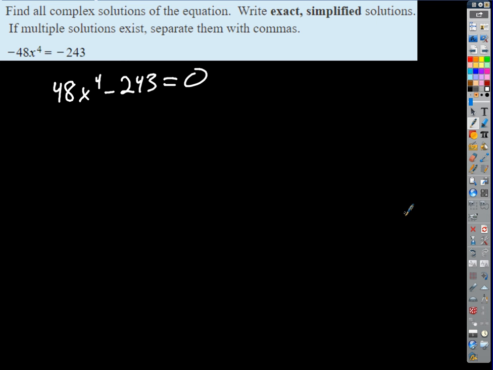Six doesn't go into 243. Even numbers only divide into even numbers, don't they? But there is a number that goes into both of those. 3. Yeah, how do you know 3 goes into both of those? Things that end with 3 don't, that's an accident.